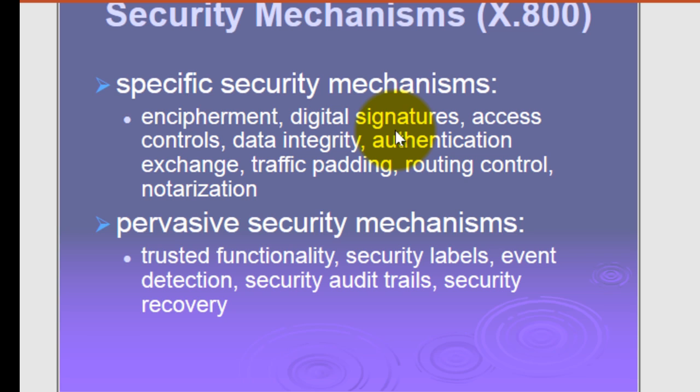These security mechanisms follow some protocols defined by the OSI security architecture, like encipherment, which means ciphering the data, making the data confusing. Digital signature, access controls, data integrity, authentication exchange, traffic padding.